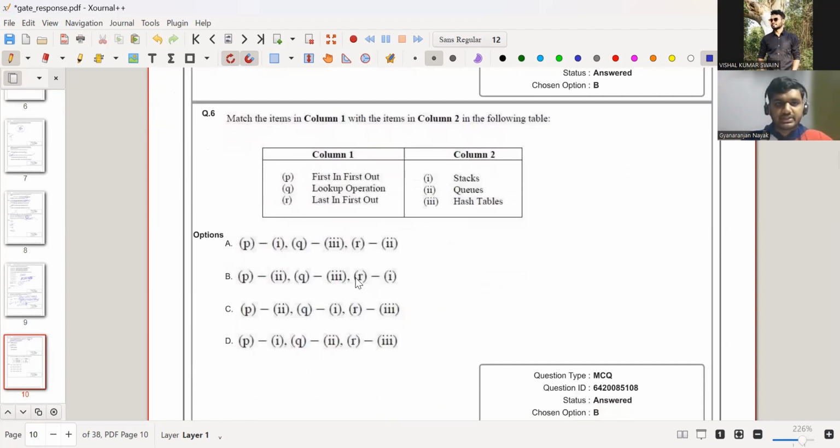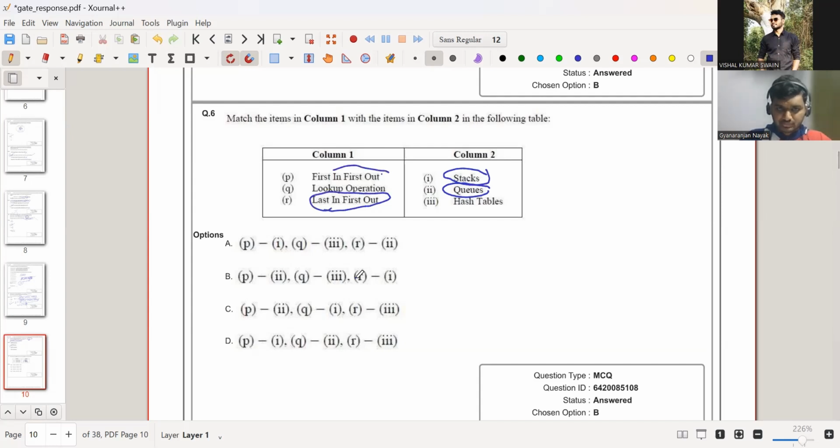So number 6. Okay. Match the item in column 1 with the item in column 2 in the following table. So in column 1, the first option is first in first out. You know, first in first out is in Q. So Q follows the first in first out approach. And you know, stack follows the LIFO approach, that is last in first out.